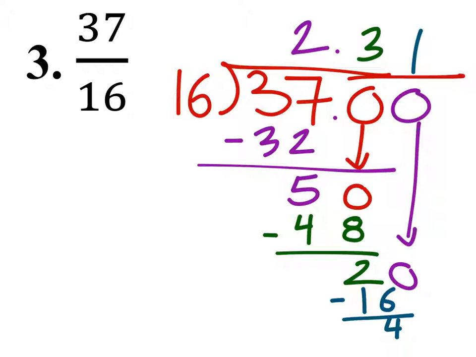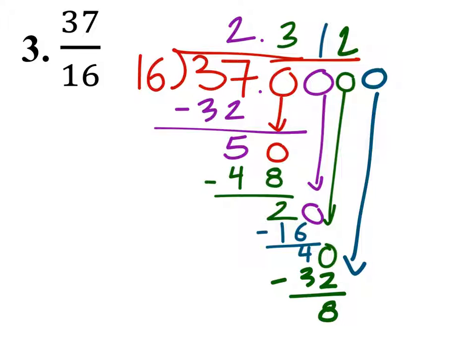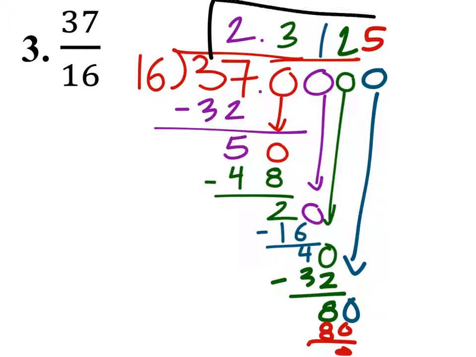So I will need another 0 to drop. 16 will go into 40 twice. 2 times 16 is 32. All right, so we do need another 0. And it will go into 80 exactly 5 times. 5 times 16 is 80, so that is where it stops. So the answer on this one is 2.3125.